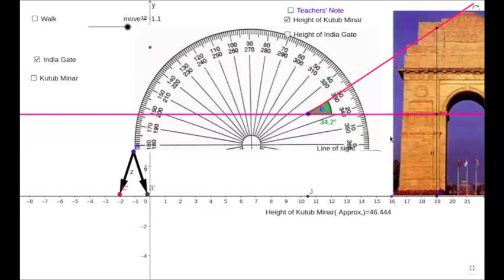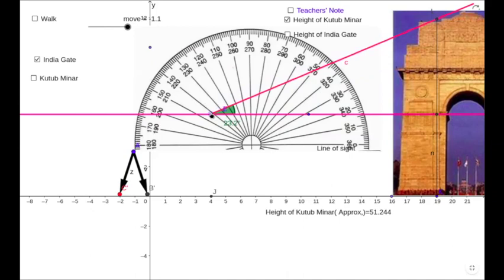You make 10 observations. Means 10 distances. Suppose you start with this is the one, two, right? So exactly along this horizontal line, you move this one along this line. So keep it at 3, note down the angle.